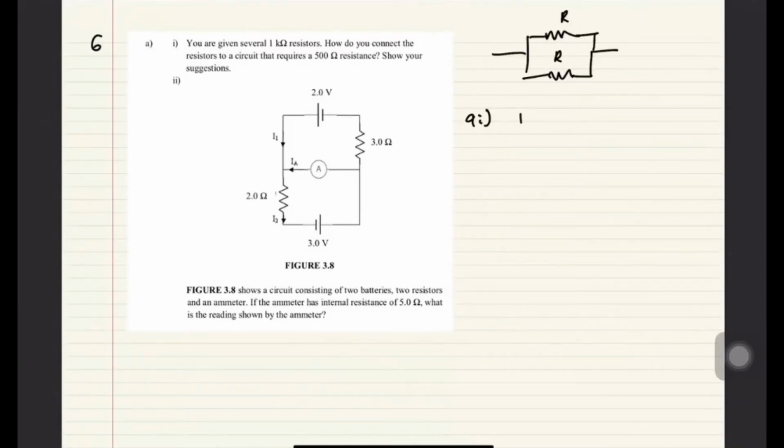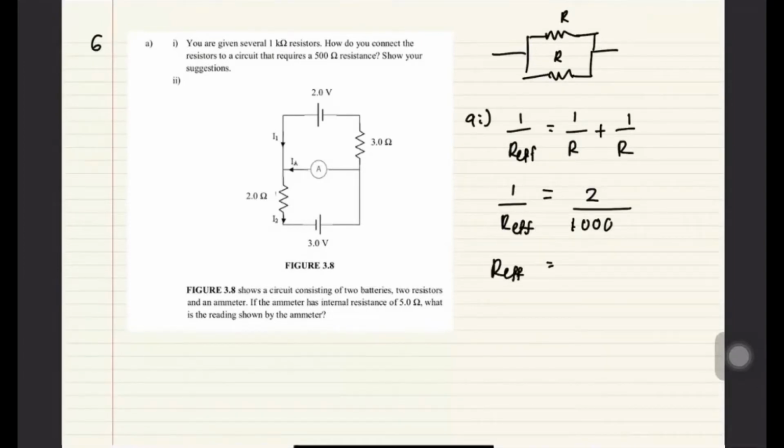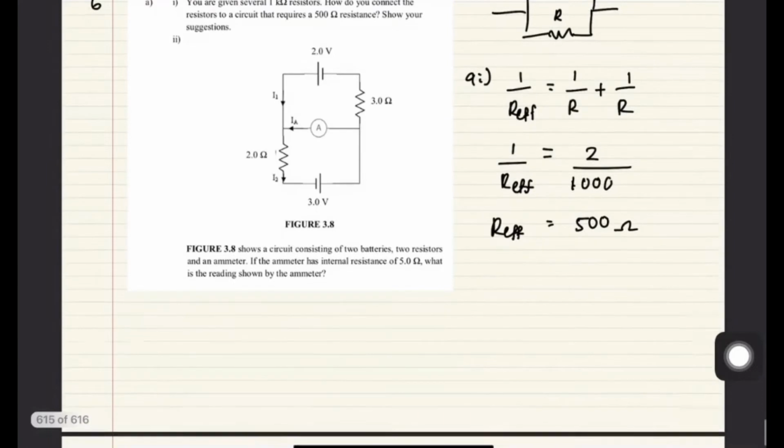So here R effective, 1 over R effective is 2 over R, so 2 over 1 kilo, which is 1000. 1000 divided by 2, you get 500 ohm. Okay, that was for question A1.